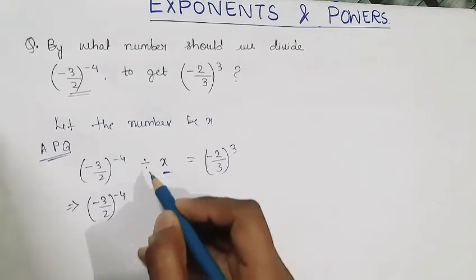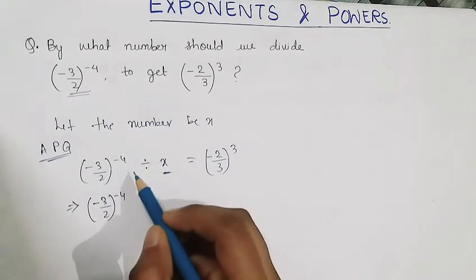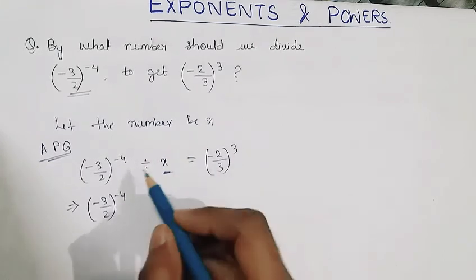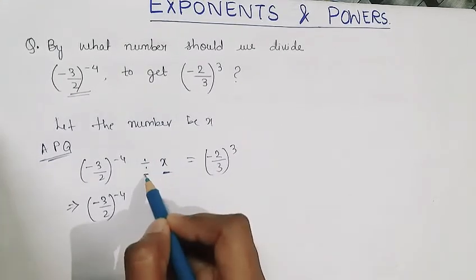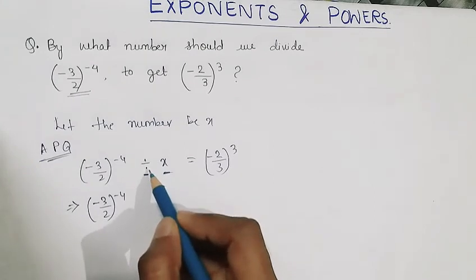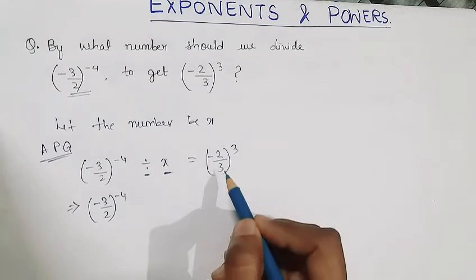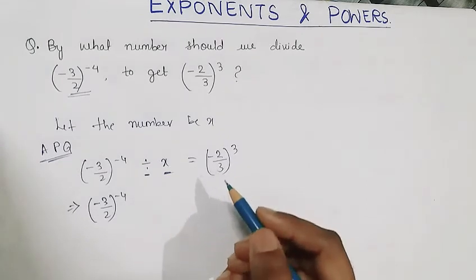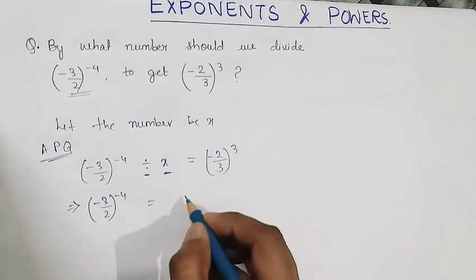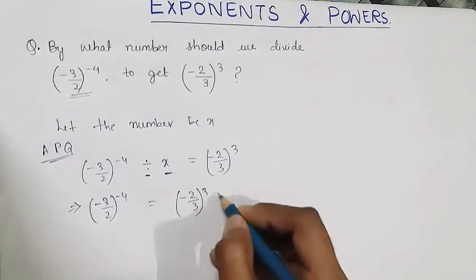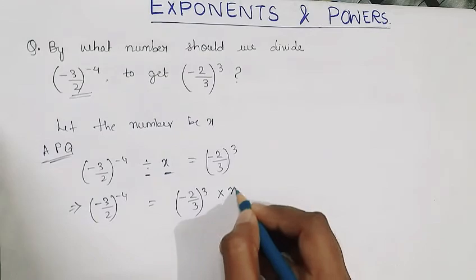What I told you last time: if there is a number in multiplication or division over here, to move it there we have to change the sign, just reverse the sign. If it is here in division, and it goes to the other side, the division sign will change to multiplication sign. So this will be equal to (-2/3)^3 into x.